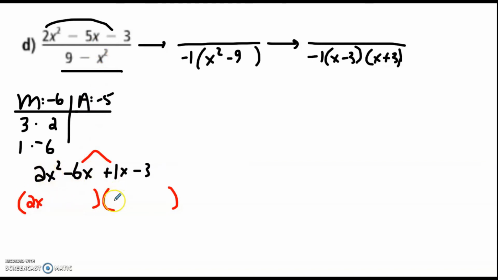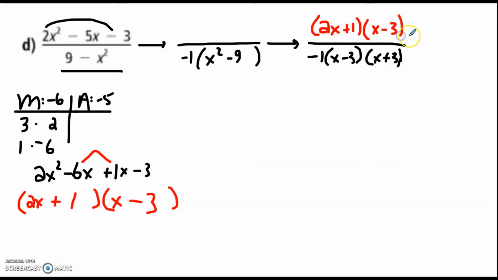When I do that, I'm going to get 2x squared divided by 2x, which is x, -6x divided by 2x, which is -3. In the second two terms here, it looks like I can pull out nothing. So that's a lie. I can pull out +1, so to speak. And when I do that, I'll get x minus 3. So I've successfully factored it. I'm going to just kind of put it over here in this last step, just because I'm being lazy and I don't want to write.